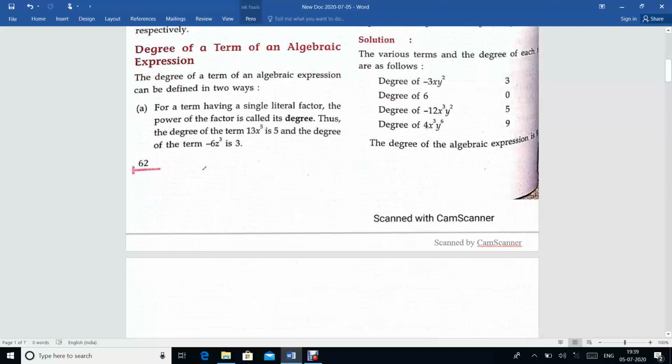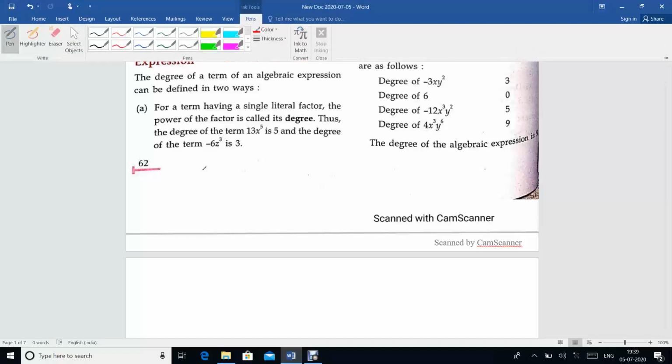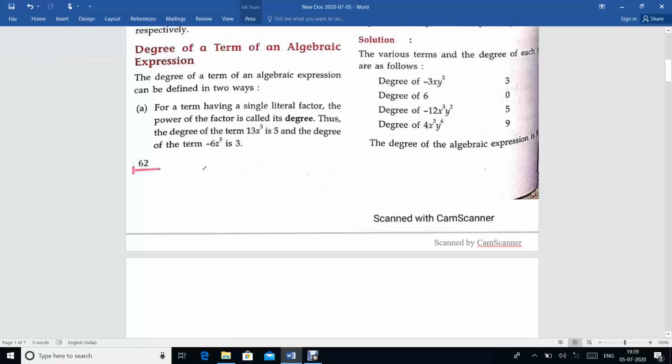Degree of a term means, for a term having a single literal factor, the power of the factor is called its degree. Suppose you have a term, the power of that term will be the degree of that term. See, suppose you have 6z cube.